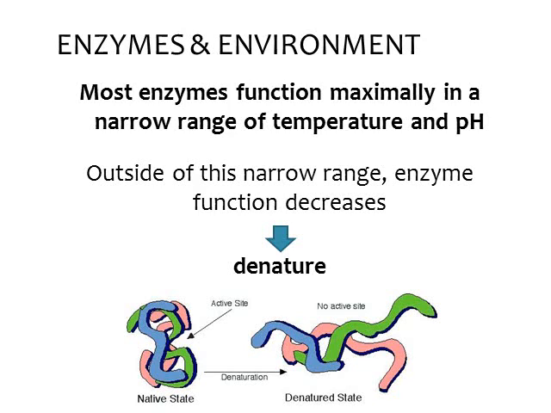This is a lab that we're going to be doing in the enzyme lab. You're going to be taking an enzyme and putting it at different temperatures and pHs to figure out where that enzyme works the best. Outside of these narrow ranges, enzyme function decreases, either because the molecules aren't moving fast enough, or because the enzyme, being a protein, can denature, or basically fall apart.